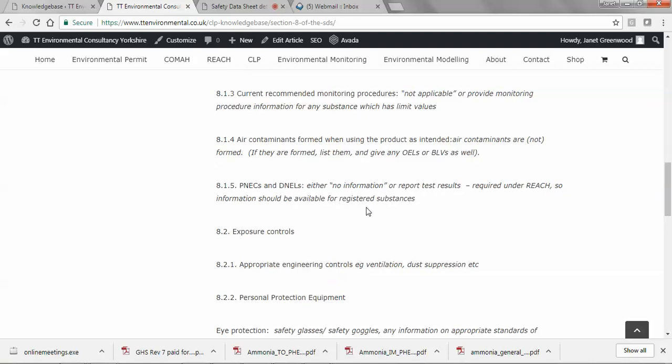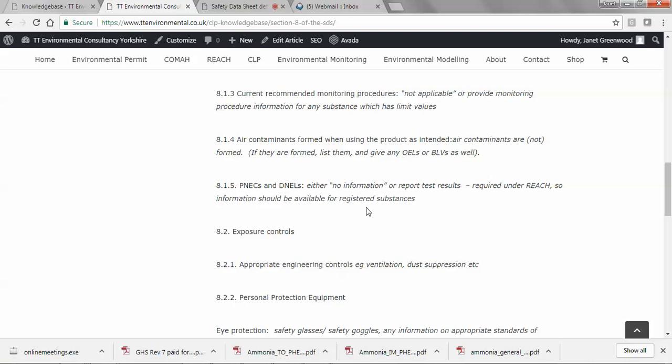8.15 is PNECs or DNELs. Now this is REACH information. It should be available to you for registered substances. PNEC is predicted no effect concentration, which is for environment, and DNEL is derived no effect level, which is for health and safety.